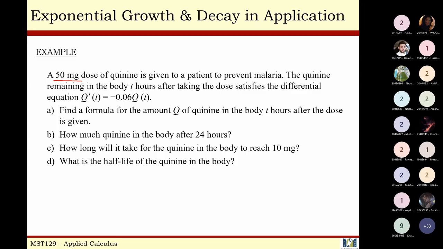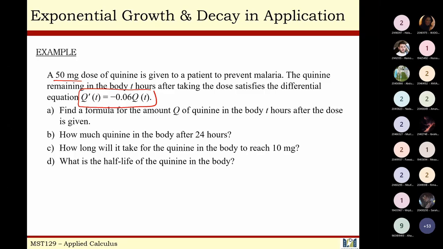The quinine is a kind of medicine. Okay, they give a dose of 50 milligrams. The amount remaining in the body T hours after taking the dose satisfies the differential equation. So this is the differential equation for what?